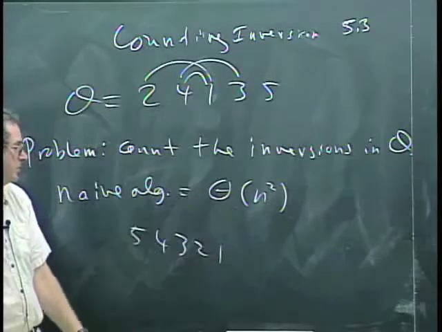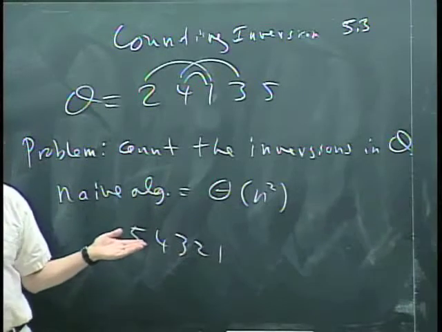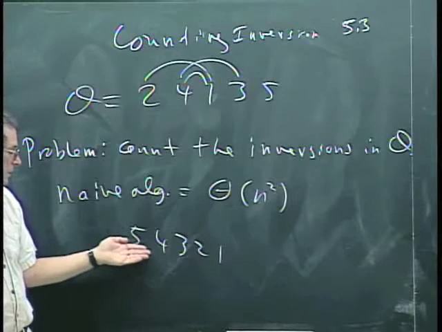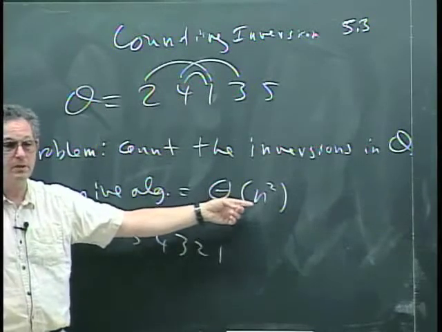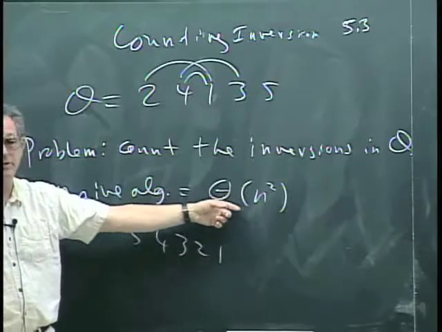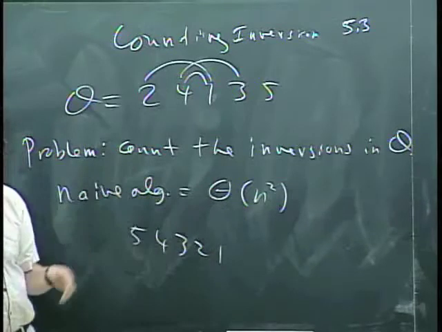And so the question was, does it seem possible that you can have an algorithm that will be significantly faster than theta of n squared time, given that there in fact can be theta of n squared inversions? Remember, we only want to count the number of inversions.